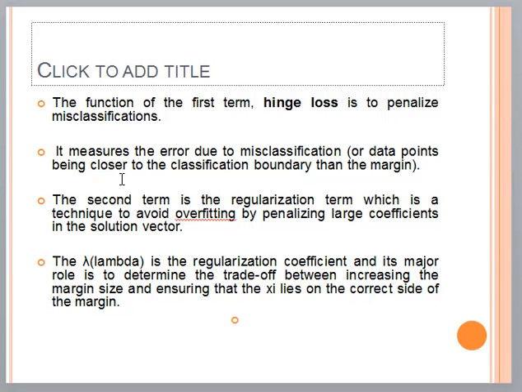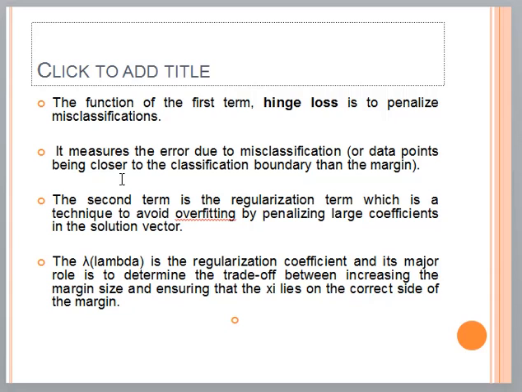The second term is the regularization term, which is a technique to avoid overfitting by penalizing large coefficients in the solution vector. As I told you, very similar to the neural network, the purpose of the regularization term is to keep the network from going towards overfitting, because if our network is prone to overfitting, then on the test data the accuracy will be reduced.